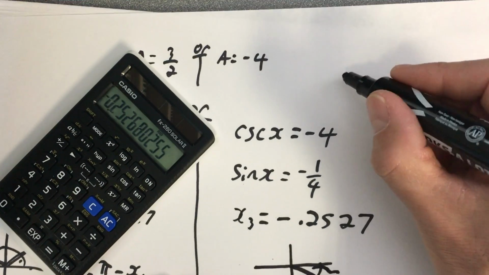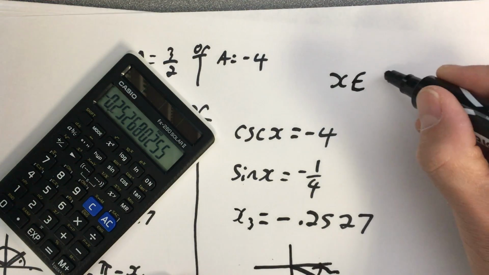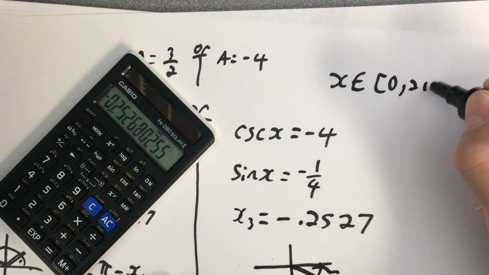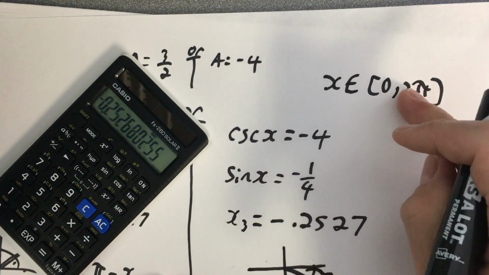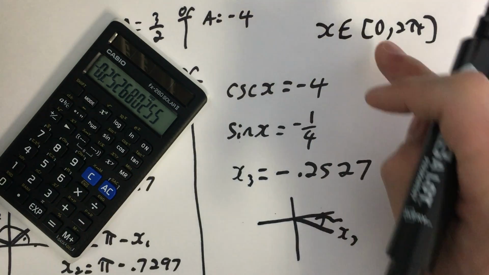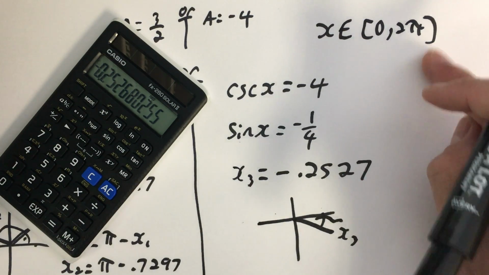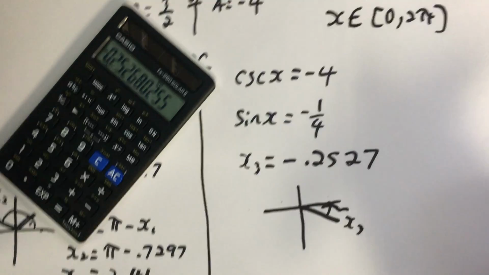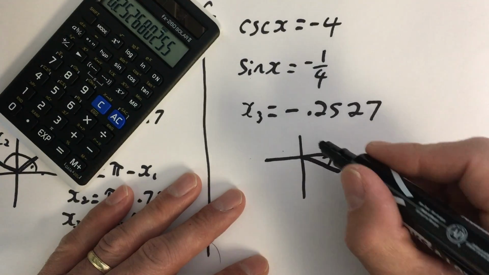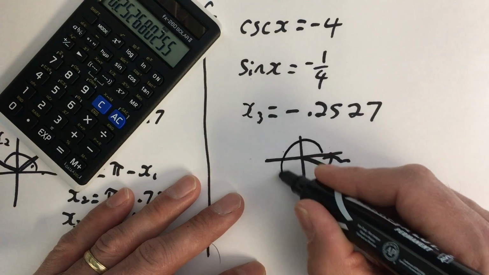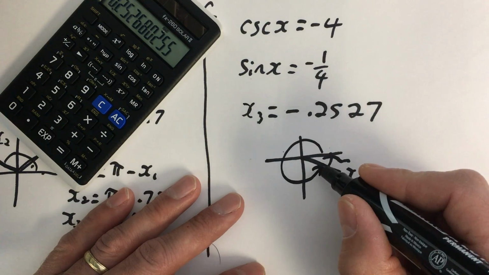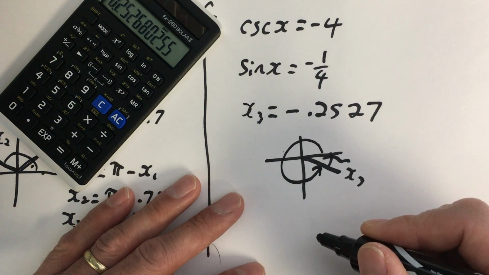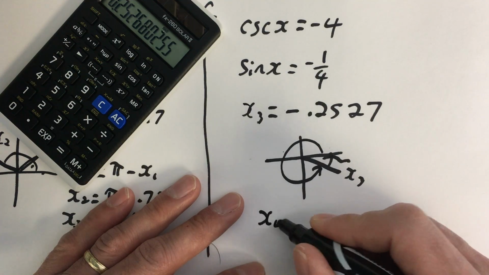However, remember, we're looking for all values of x between 0 and 2 pi. So the calculator is giving us a valid answer, but it's none of the answers we're looking for. We're looking for positive answers, not negative answers. However, we do have a positive answer. If we go all the way around here, this angle is going to have the same sine as that angle. Call that x4.